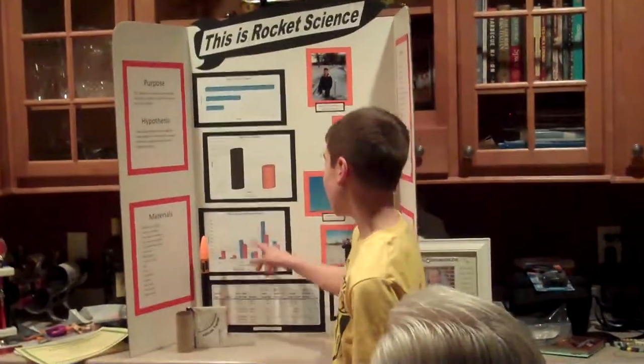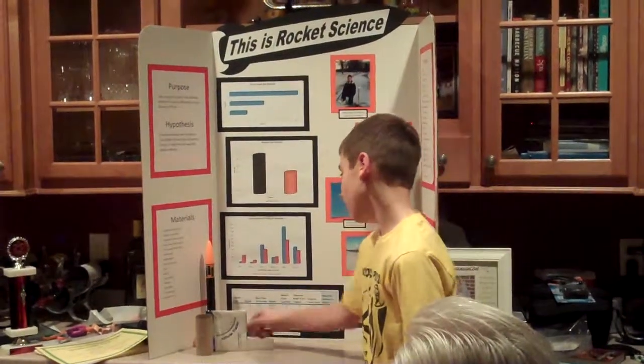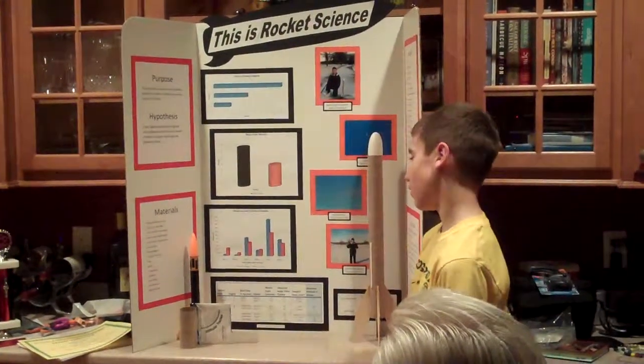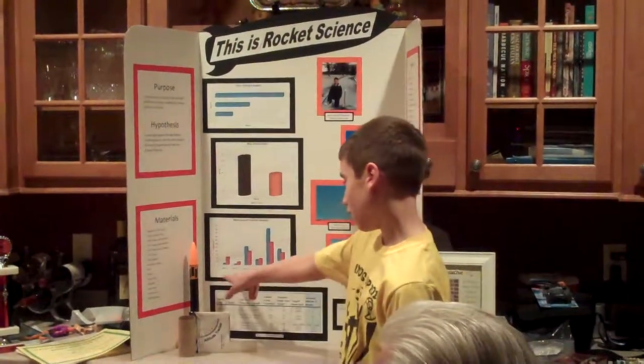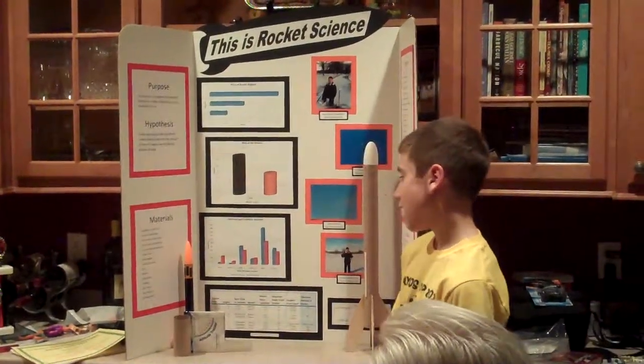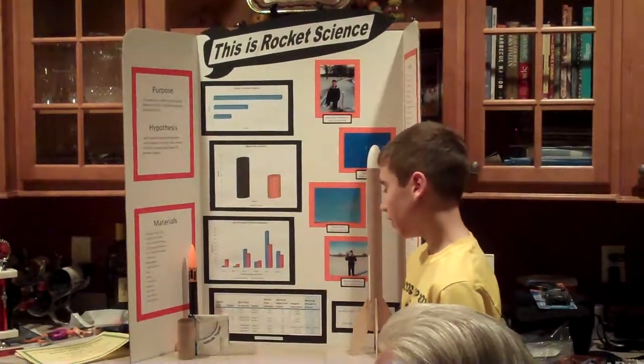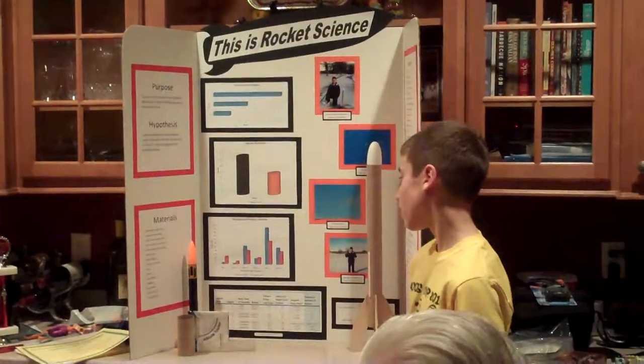And here in the blue is the observed altitude, and in the red it's the predicted altitude. And here are the two rockets with the A engines, and the Alpha 3 went the greatest in altitude.